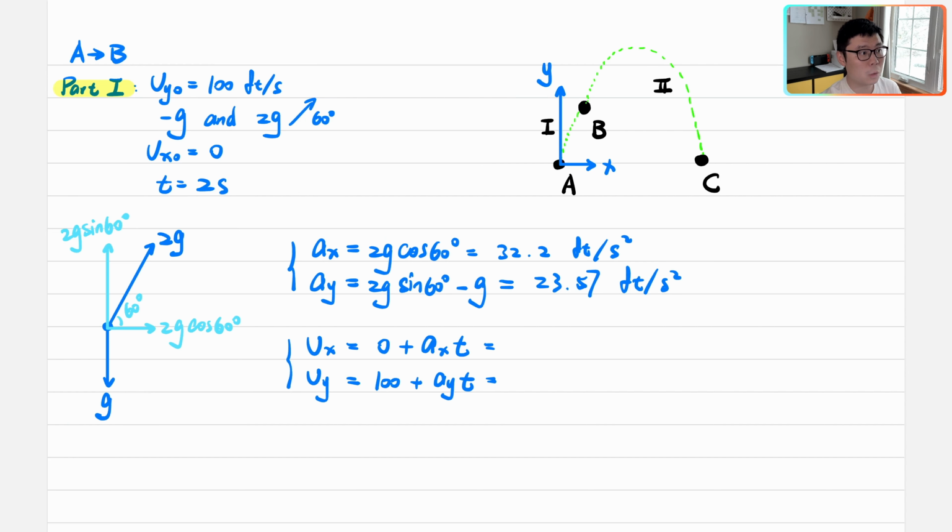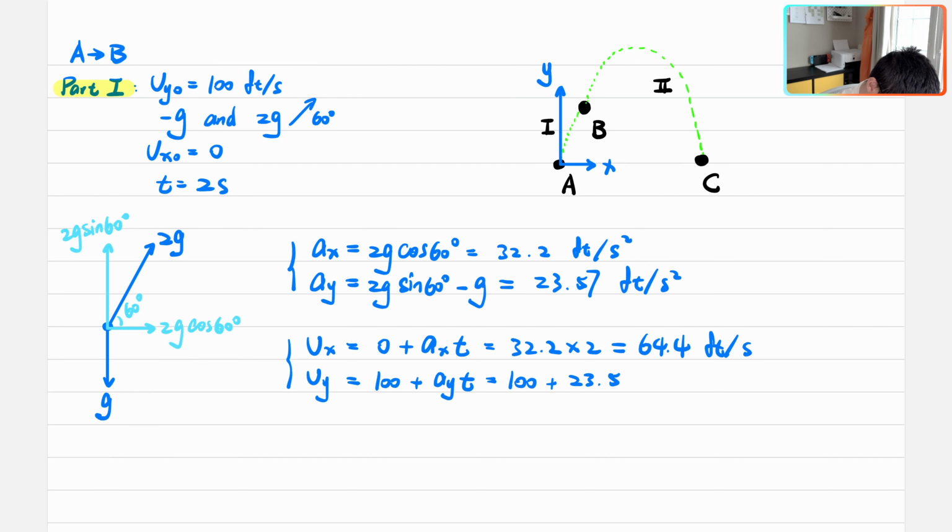Okay, remember, we're still working with constant acceleration for the first 2 seconds from A to B. Okay, from A to B, constant acceleration. Subbing all the numbers, 100 plus 23.57 times 2, 147.14 feet per second.